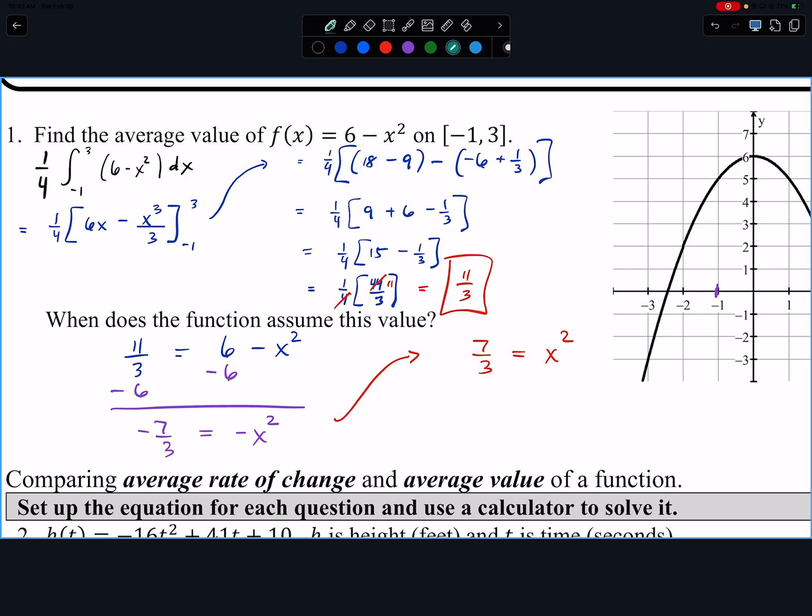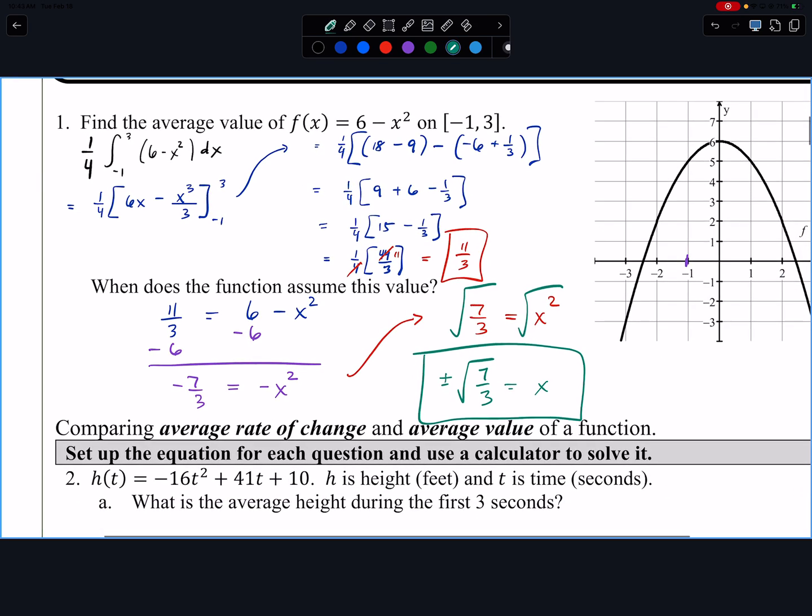Square root both sides. So x is equal to plus or minus. We're in calculus, so you can just leave it like that. We're not picky here. All right. Questions?